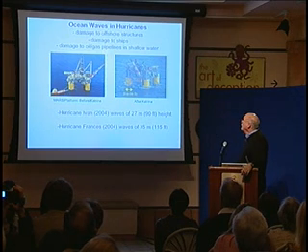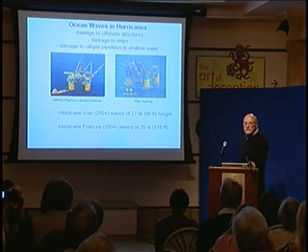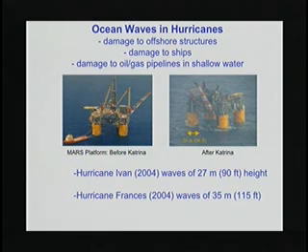In addition to doing damage on land, hurricanes can obviously have a devastating effect at sea. And we know from events of the last month and the increase in gas prices that the oil and gas infrastructure in the Gulf of Mexico has been severely impacted by hurricanes there. And this is typical of the sort of damage. This is a drilling platform in the Gulf of Mexico before and after.